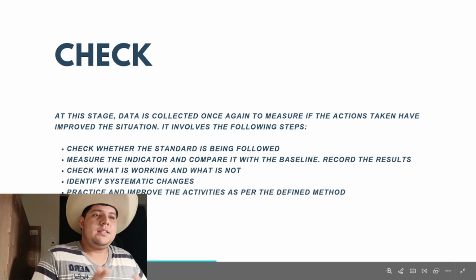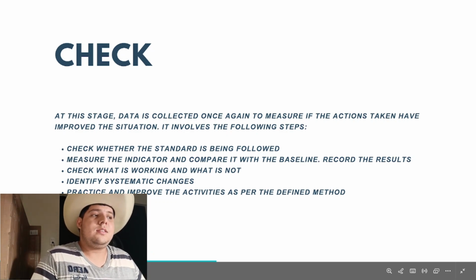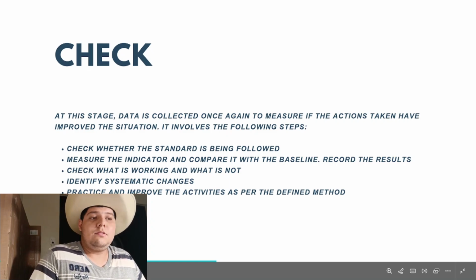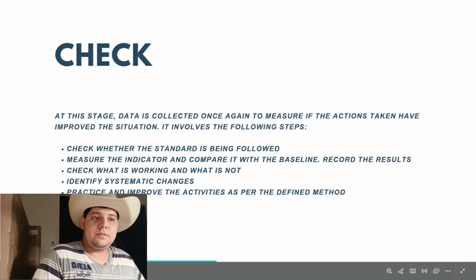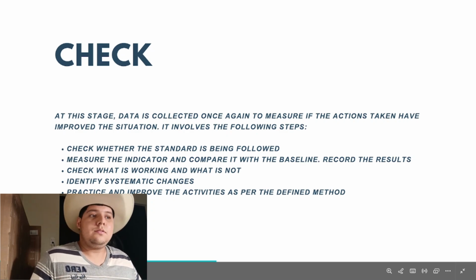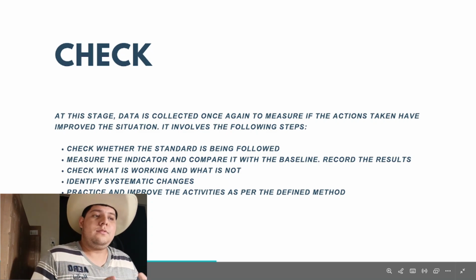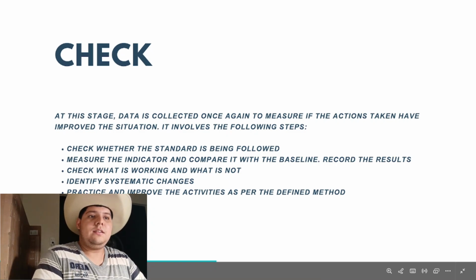Check. At this stage, data is collected once again to measure if the actions taken have improved the situation. It involves the following steps: check whether the standard is being followed, measure the indicators and compare them with the baseline, record the results, check what's working and what's not, identify systematic changes, practice and improve the activities as per the defined method.